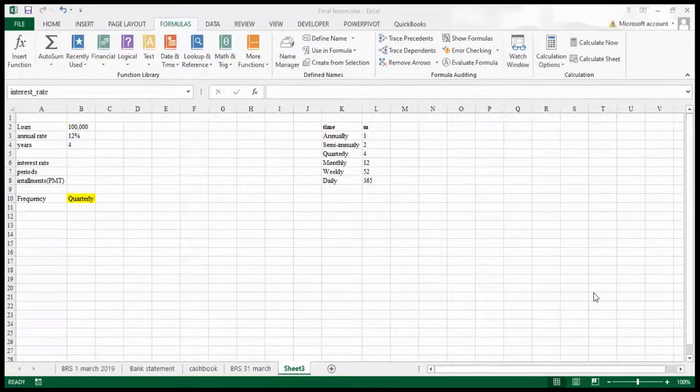SUMPRODUCT is when you want to multiply one item by the other and get the summation. SUMIFS is giving us the sum when we bring in some conditions. Not SUMPRODUCT, not SUMIF. IFS, yes. IF, yes. So what we are going to use is the IF function.